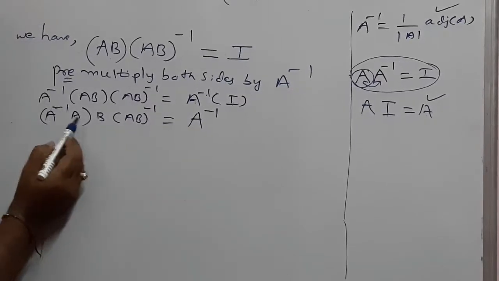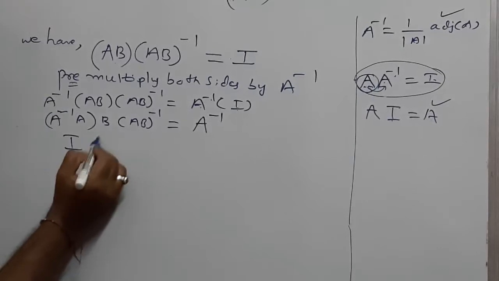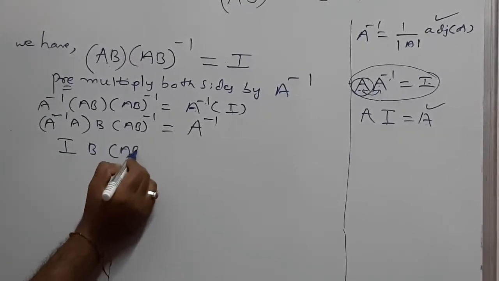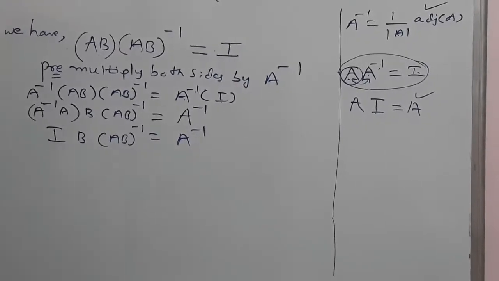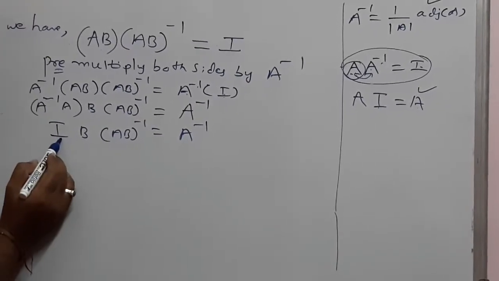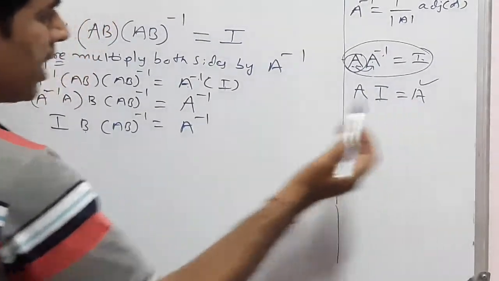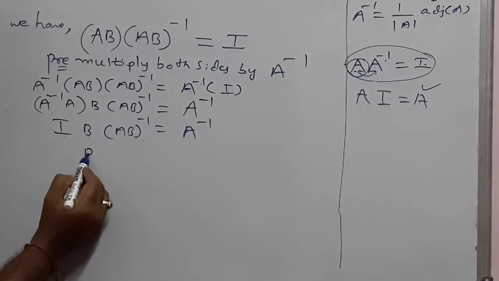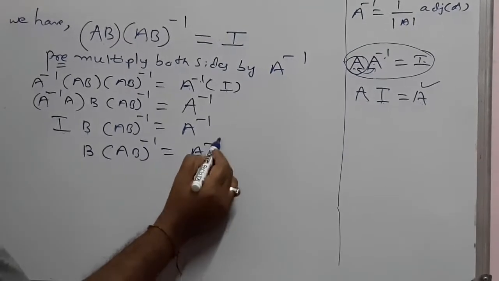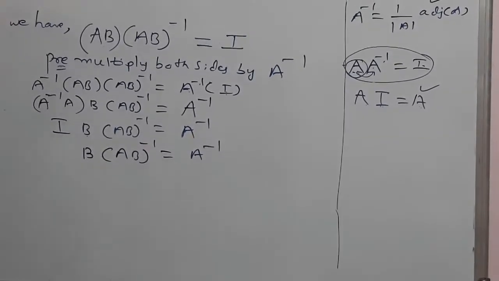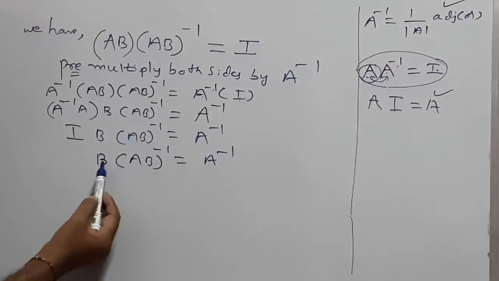Here A inverse A is equal to I, so instead of this I can write I, and write the whole thing as it is, B into (AB) inverse, and on the right hand side I have A inverse. Then identity matrix into B, and any matrix into the identity matrix gets back that matrix. So I into B I can write as B. Thus B (AB) inverse is equal to A inverse. On the right hand side I have A inverse, and on the left hand side I have B into (AB) inverse.